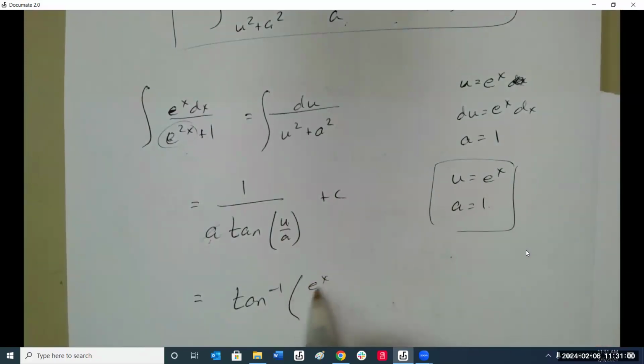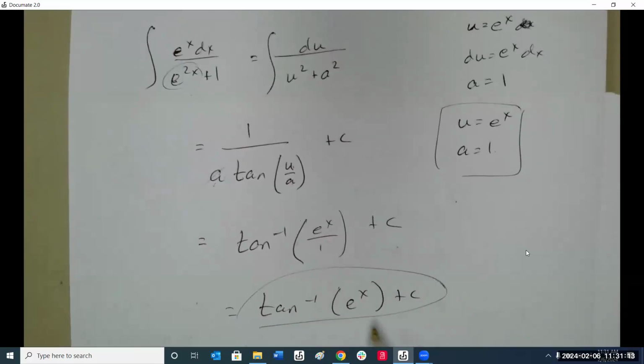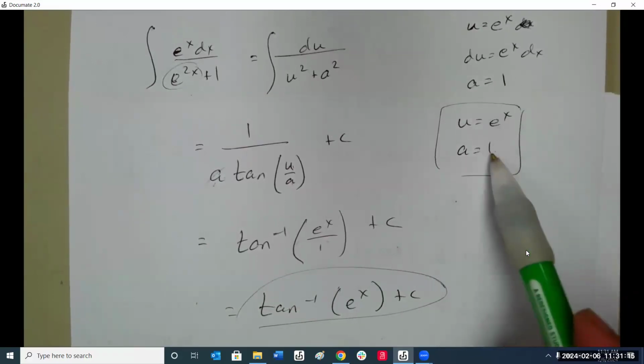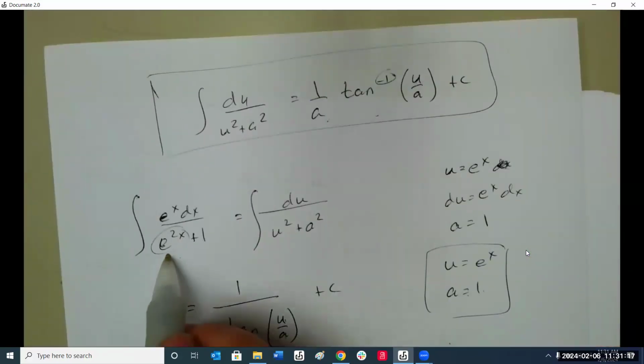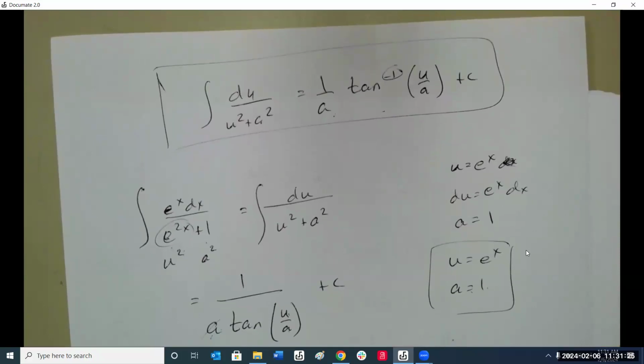U is e to the x, a is 1. So our final answer is, yeah, once we do our work, we know that this is our x, or our u, and this is our a. That's how those things work.